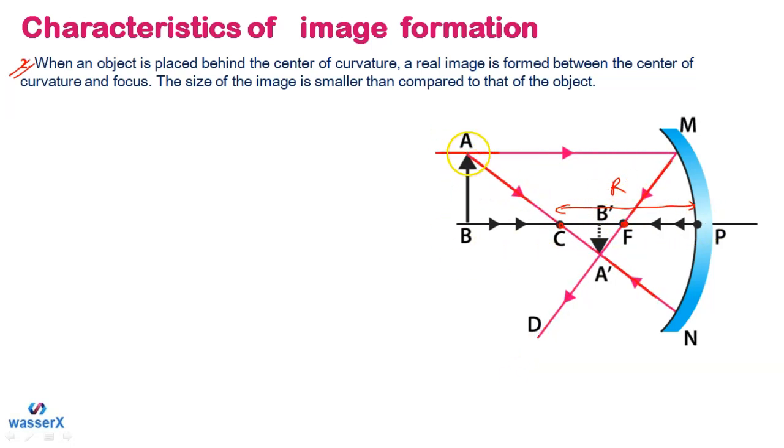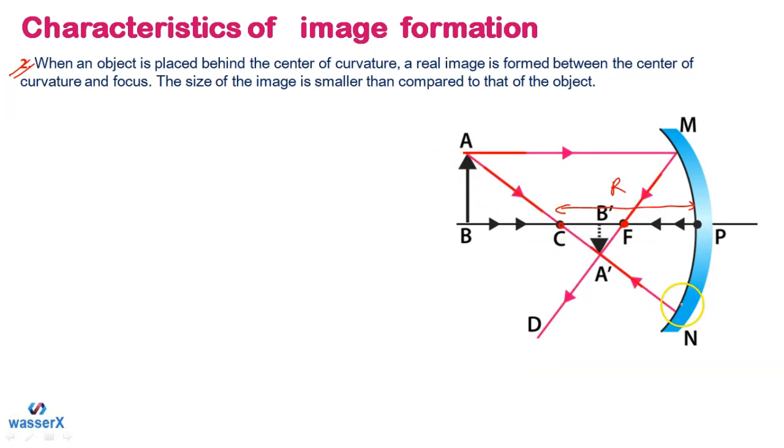So when you place this object AB close to C, or you can say behind C, there are 2 rays we have drawn here. One is parallel with the principal axis, and that is going back through the focus, and the other one is passing through the center of curvature.